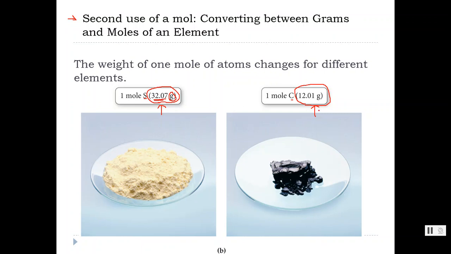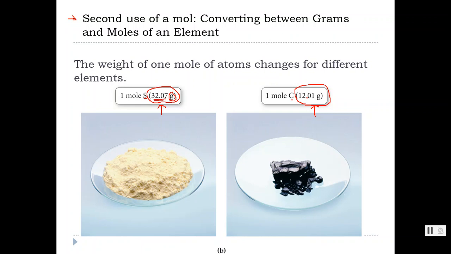Let's look at our carbon example. We said that this on the right-hand side is 1 mole of carbon atoms, 6.02 times 10 to the 23rd. The mass of 1 mole of carbon atoms is 12.01 grams, which is the exact same number as the atomic mass of carbon.